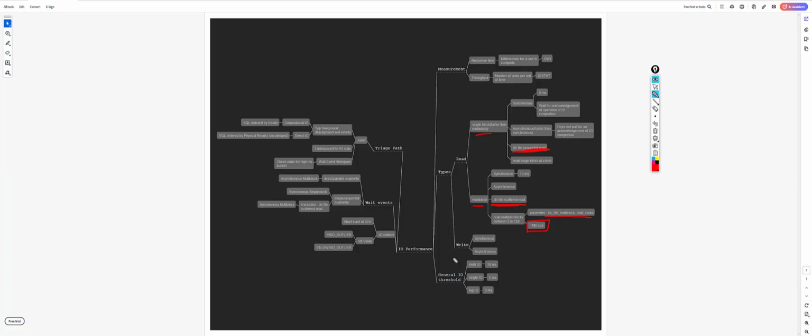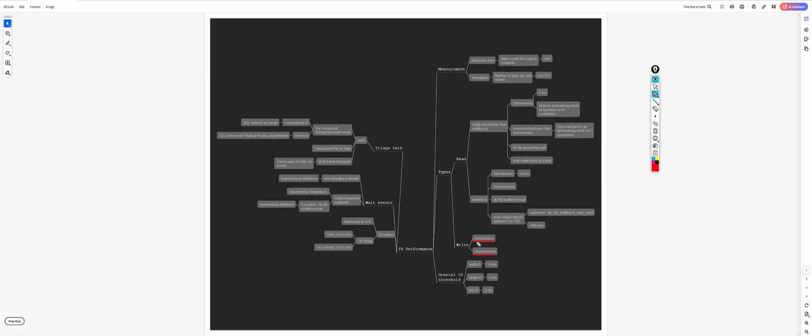Okay, so coming to writes, writes are also similar. They have synchronous and asynchronous. These are just generic concepts, but may not be applicable for every storage vendor or OS vendor, because each and every OS or storage vendor may have their own architecture and behaviors.